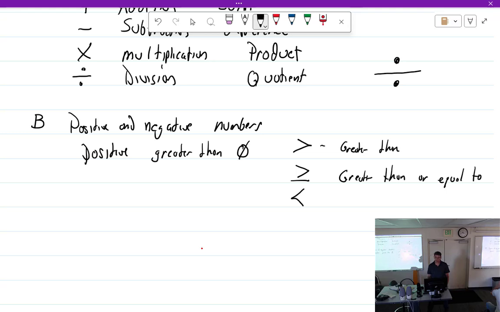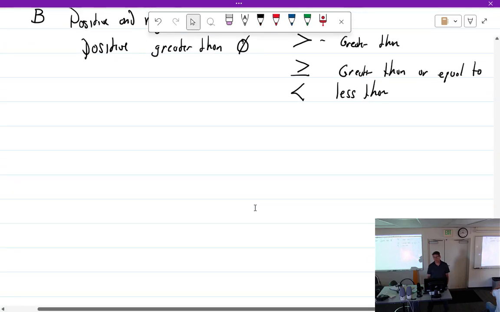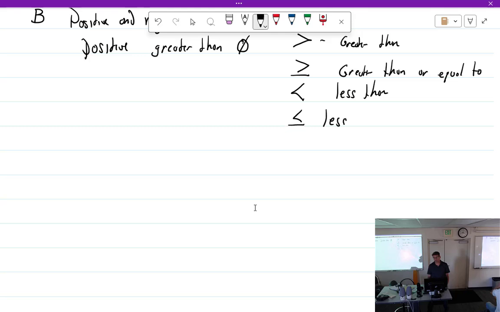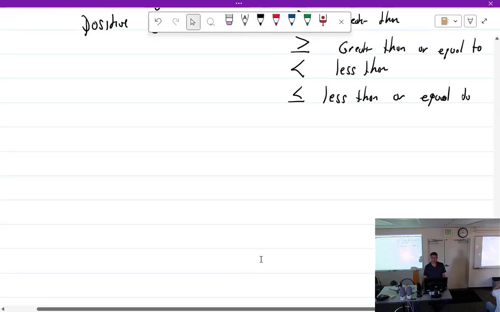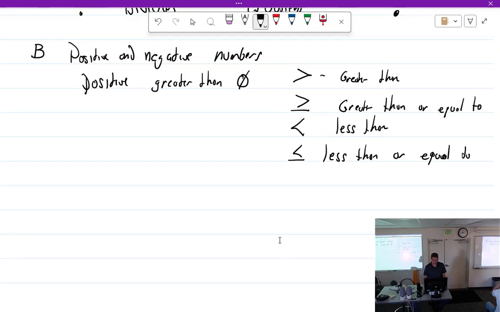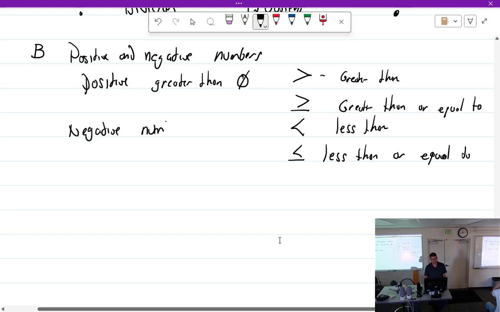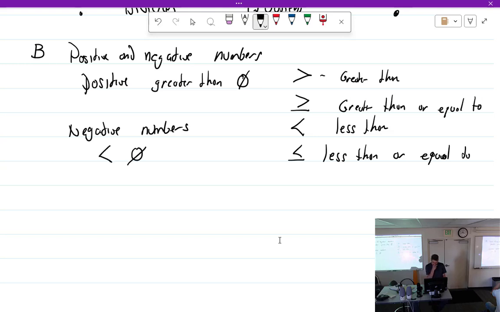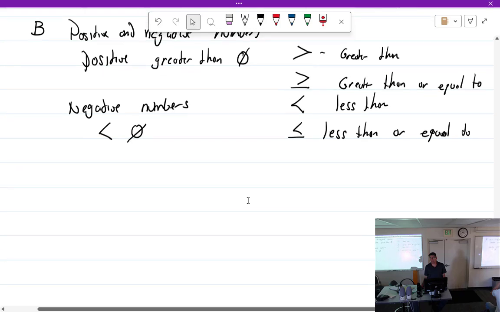Of course, we'd have it this way too, which is less than, or less than or equal to. And negative numbers are less than 0. So lots of positive and lots of negative numbers we deal with.